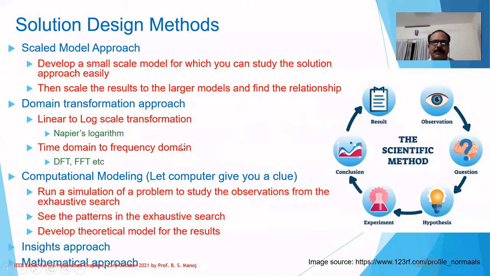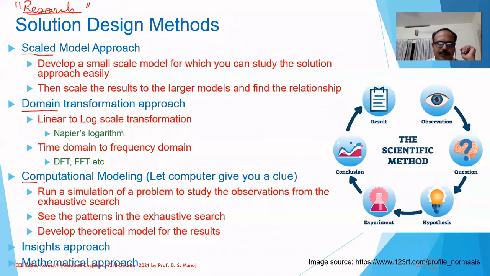I just want to mention a few techniques for solution design, solution referring to research solution. When you have a research problem, you may have to come up with a research solution, and there have been a lot of strategies that engineers and scientists have historically practiced, some of which are here. One possible approach is a scaled model, where a small model is used for research solutions. Another is to transfer the problem domain to one where you will be able to handle it much more easily.